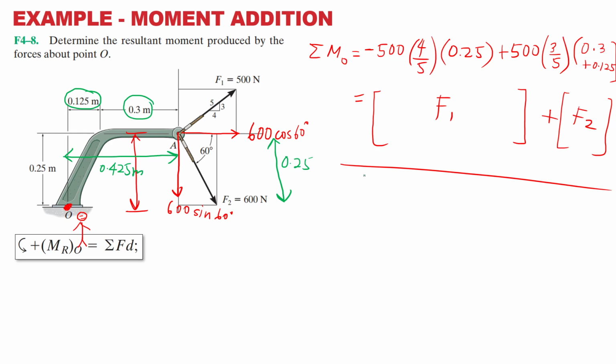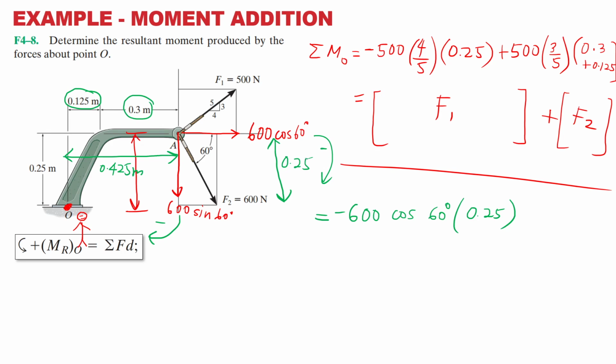Okay, now you have to add them up lah. Again. 600 cos 60 degrees. Multiply. Rotate like that. It's a negative, 0.25. Betul kah negative? Negative. Yeah, this one's a negative. This one is also a negative, my friend.